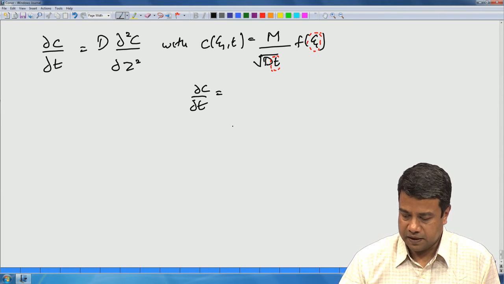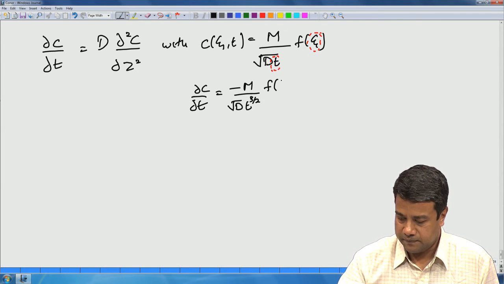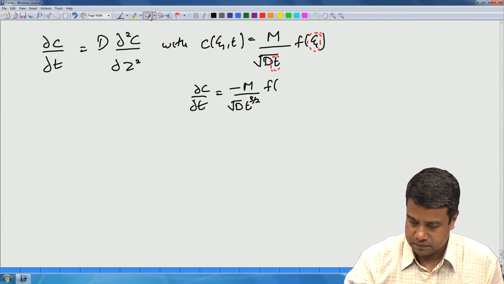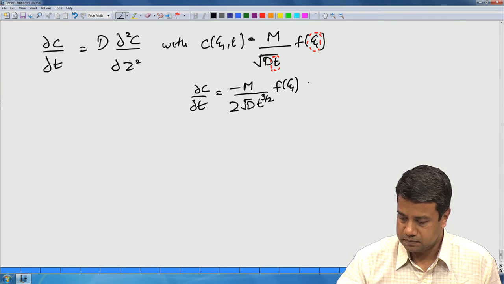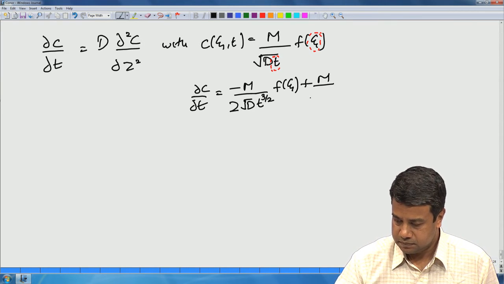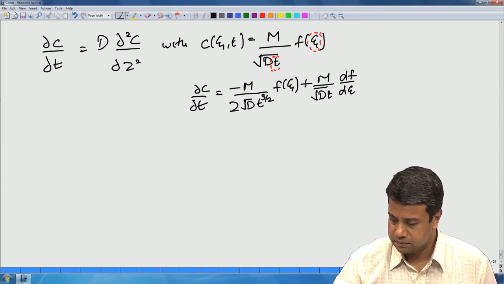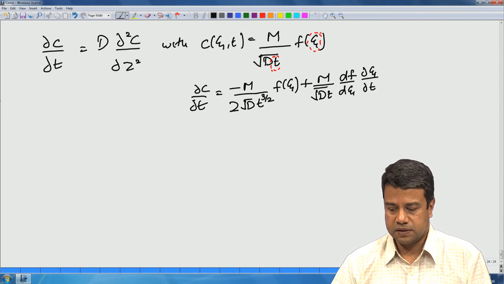So, the prefactor will give me minus m by root D t to the power 3 halves, with a factor of 2 since t to the power minus half is differentiated, times f of psi. Differentiation uses the chain rule.